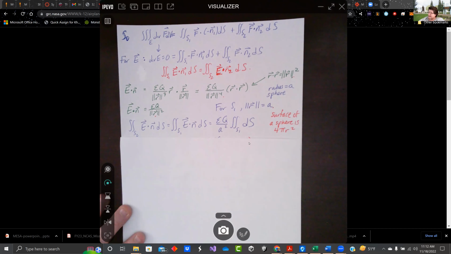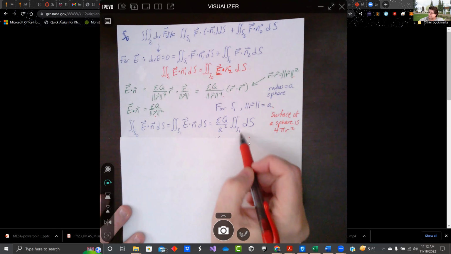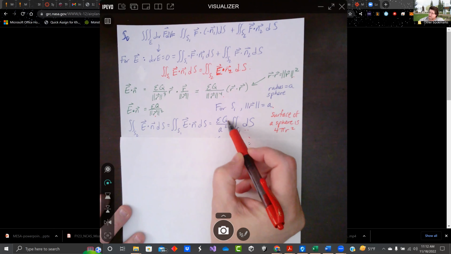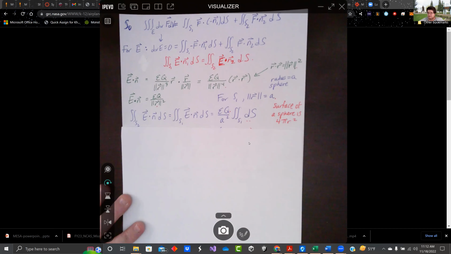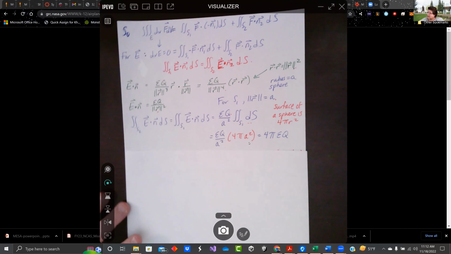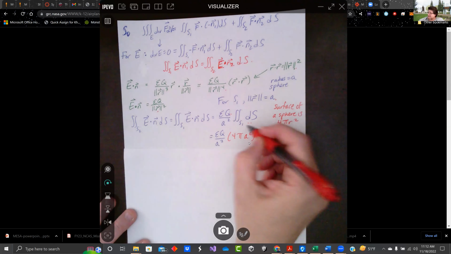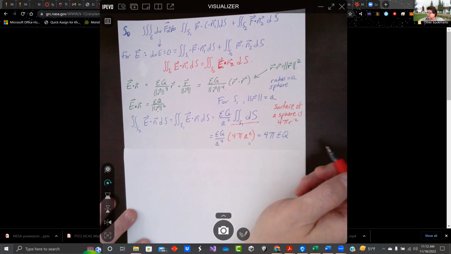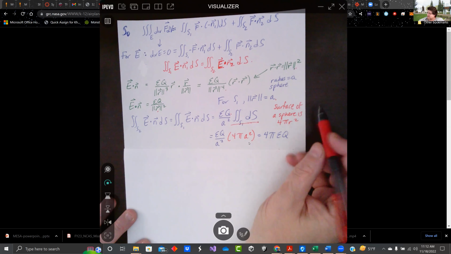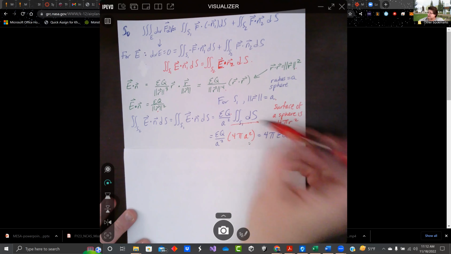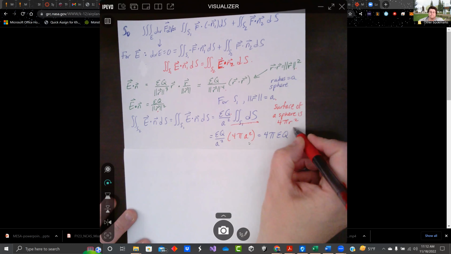So the integral of E dot N dS is just the surface integral of dS. We pull the constant out, EQ over A squared outside. But we know what this is. This is a sphere, and we know the surface area of a sphere has the formula 4 pi r squared.